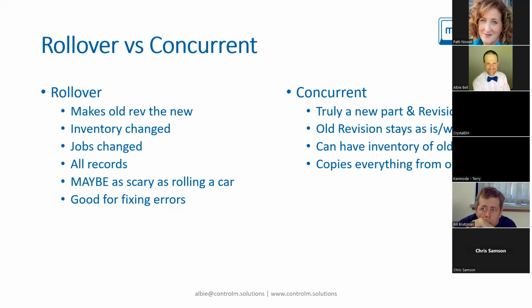If it's a drawing change, bill of materials, things like that, you have not a clean slate, but a copied slate and a starting point, and revision A is not going to change. So super important that that concept is understood, because don't roll your car over when you make an engineering change. So that's a key part.